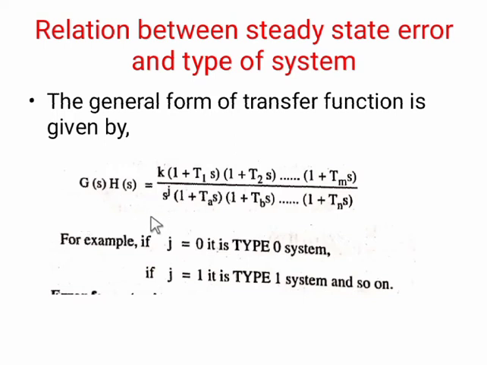So the highest power of s in the denominator is known as the type of system. If s raised to j, with j equal to 0, it is known as the type 0 system. J equal to 1 is known as the type 1 system, and so on. That means s raised to 2 is type 2 system. So the highest power in the denominator is considered as the type of the system.